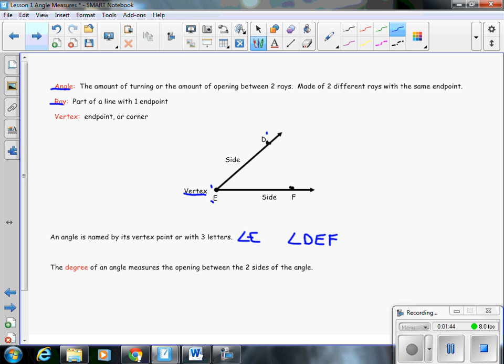Either one of those is correct. The degree of an angle measures the opening between the two sides of the angle, and we use a protractor to find the degrees.